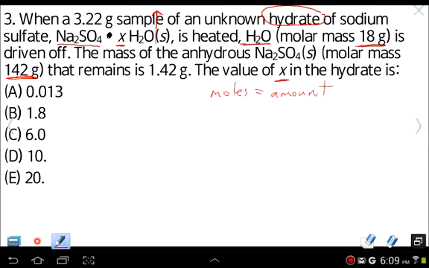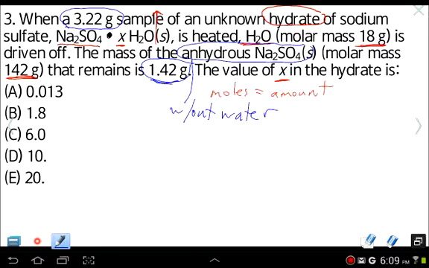What we're saying here is the mass of the anhydrous sodium sulfate is 1.42. Anhydrous means without water. In other words, we begin with the hydrated substance, 3.22 grams, which has the water in it, and then after the water is driven off, we end up with 1.42 grams.